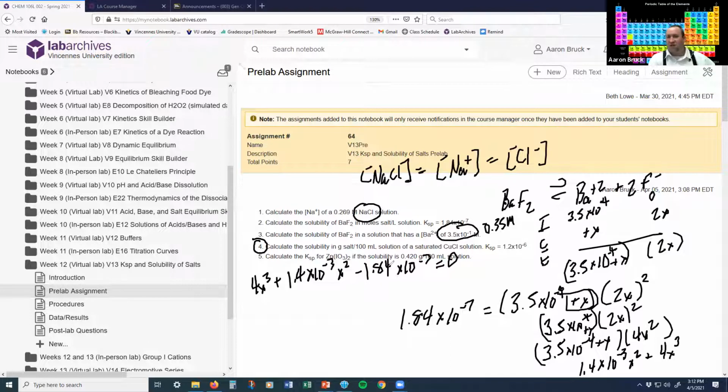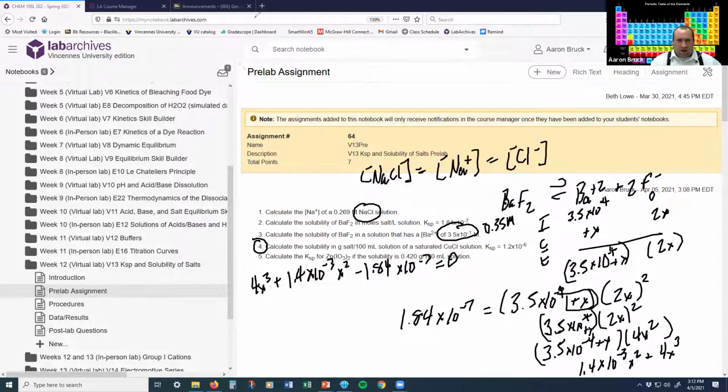And I'm going to have to find some kind of a cubic solver to do that. And yes, there are places where you can do that on the internet, and some calculators have that capability built into them. But certainly if we can avoid doing that, we're going to want to avoid doing that.